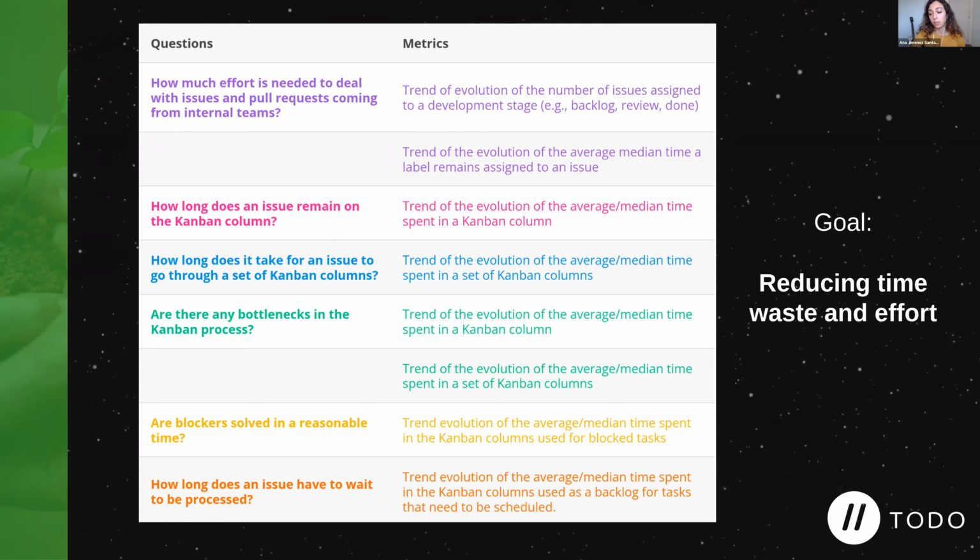That can be measured with the trend evolution of the median time spent in the Kanban columns used as a backlog for tasks that need to be scheduled, for instance. As I say, this is just an example, and it depends also on the company, on the organization, and on the Kanban view of that organization, of course.